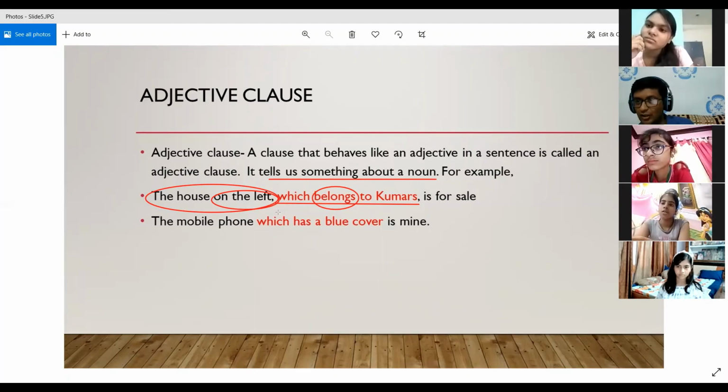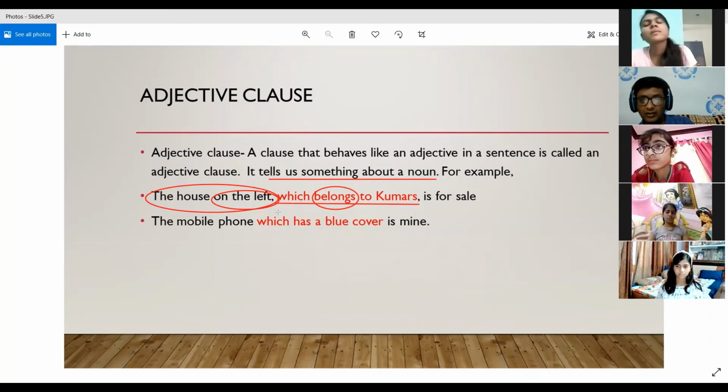Understood, Angel? So this whole part, the house on the left, will act as a noun phrase, because we will say that this house on the left is for sale, right? So it will act as a noun phrase.